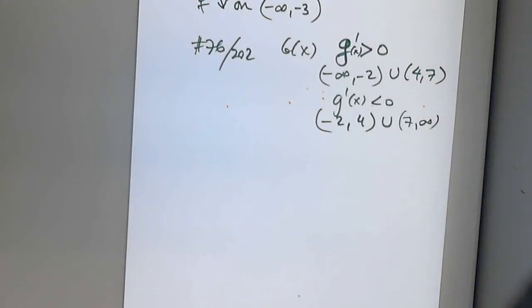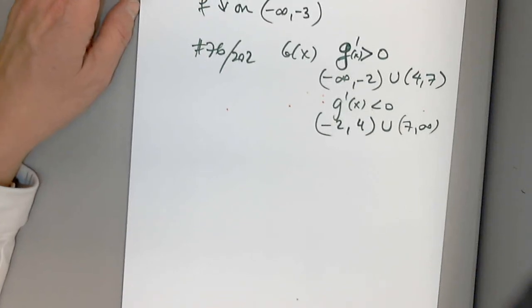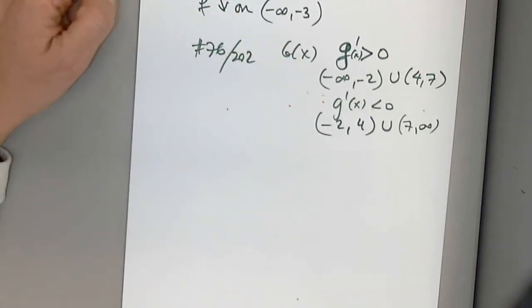This is the information given. And we're asked to graph an example of a function that fulfills the given conditions.